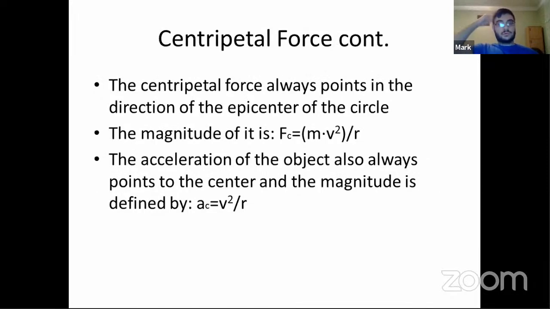Like I mentioned, centripetal force always points toward the center of the circle. Its magnitude is always equal to mass times velocity squared over r, mv squared over r. That's what centripetal force always equals. Unlike where I said to make a force diagram, since centripetal force is a net force, you can always just find it using this formula.